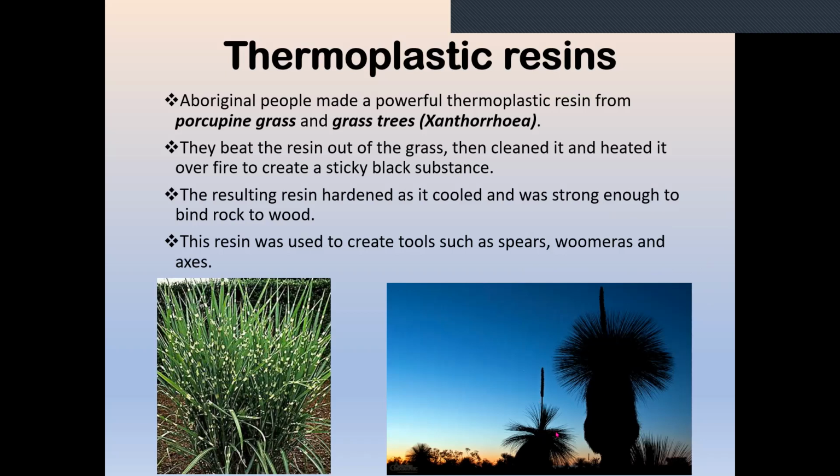They also had thermoplastic resins, which we use even today. So things from porcupine grass, this on the bottom left, or xanthorrhoea, the grass trees. They beat the resin out of the grass and cleaned it, heated it over the fire, and created a sticky black substance.